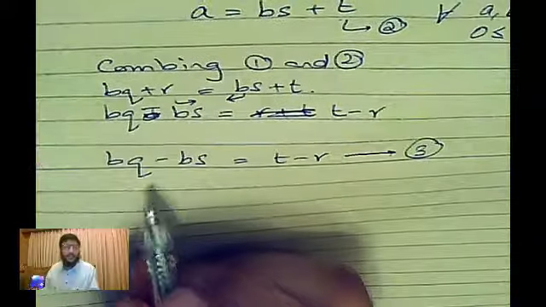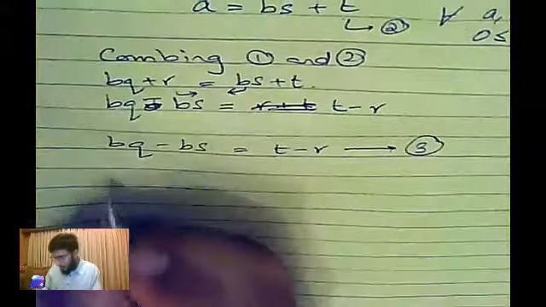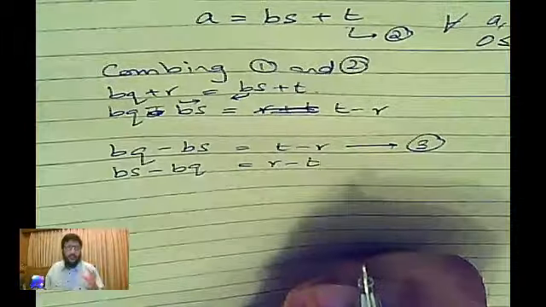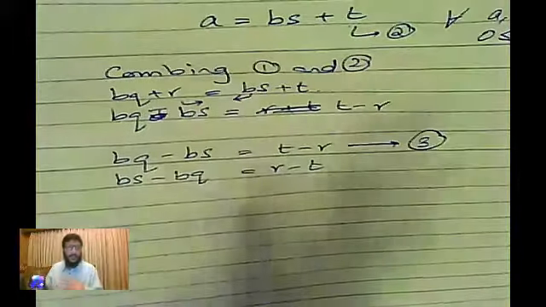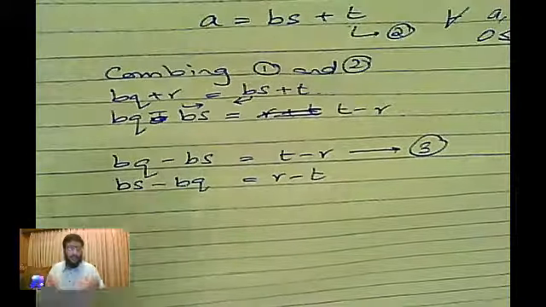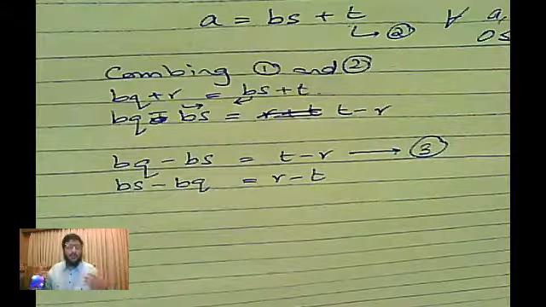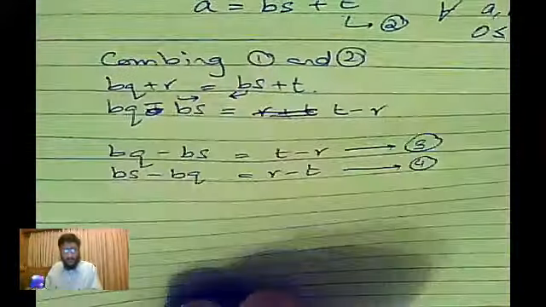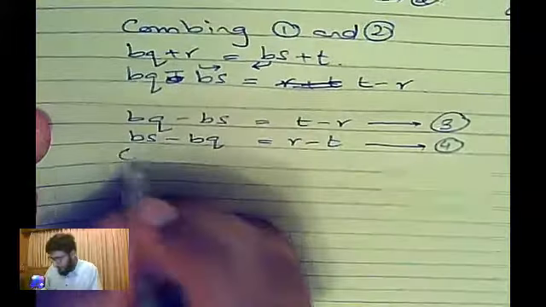Now, let me name this equation as 3. I can also say that BS minus BQ equals R minus T. Basically, I multiplied both sides by -1. That's equation 4.